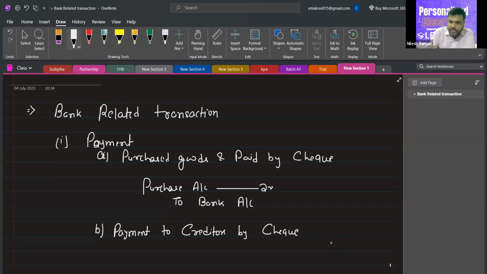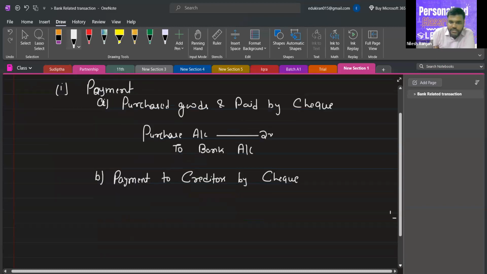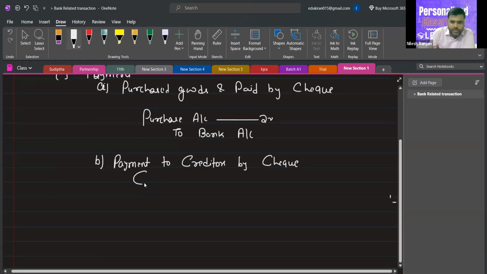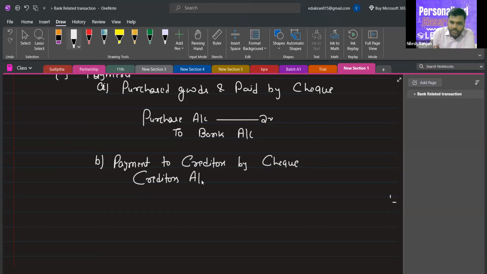The name of the creditor will generally be given in the question, so you will write the name instead of creditors. So creditors account debit to bank.